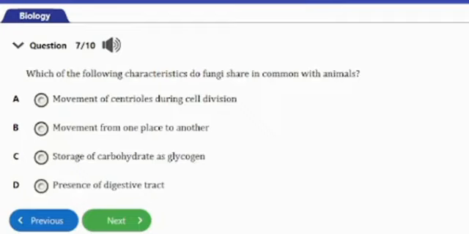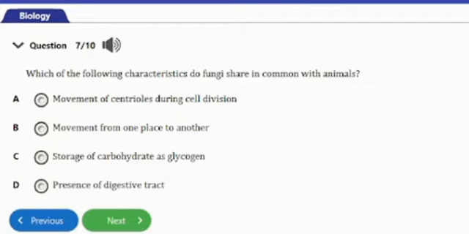Question number 7 here, it says, which of the following characteristics do fungi share in common with animals? A, movement of centrioles during cell division. B, movement from one place to another. C, storage of carbohydrates as glycogen. D, presence of digestive tracts.